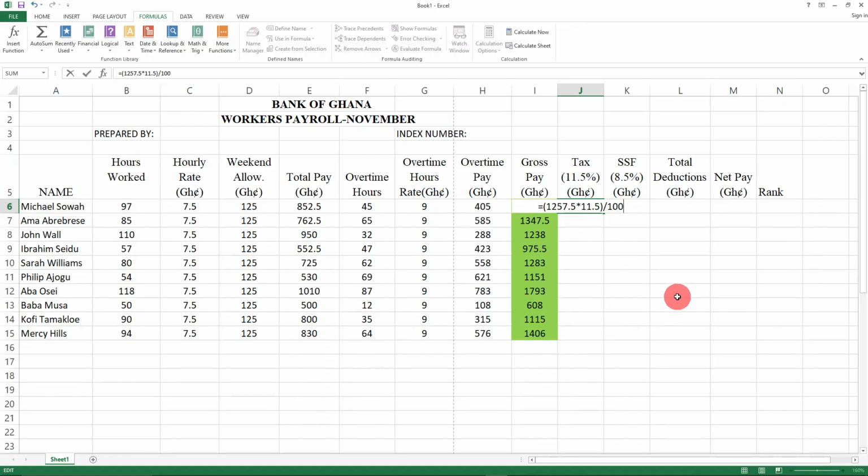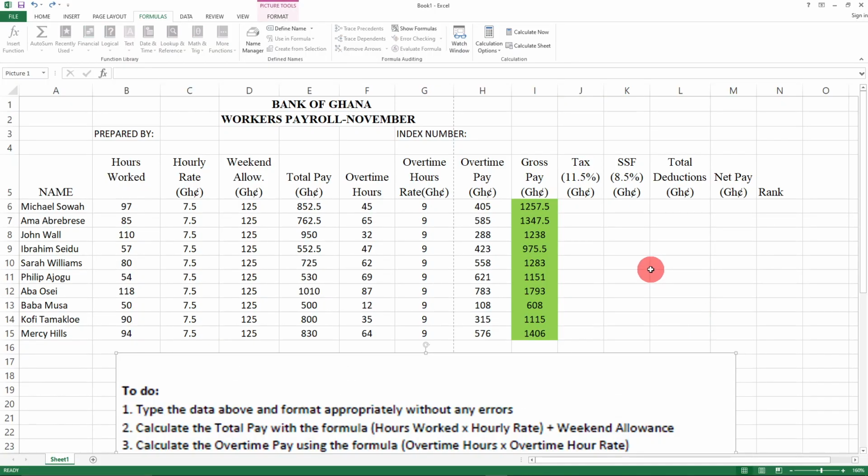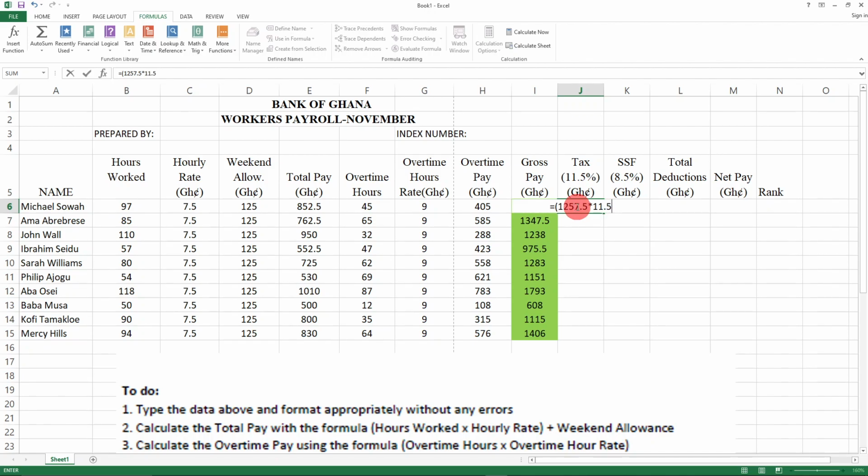Equal, so 1257.5 times 11.5 divided by 100.